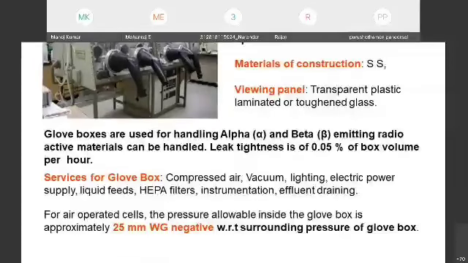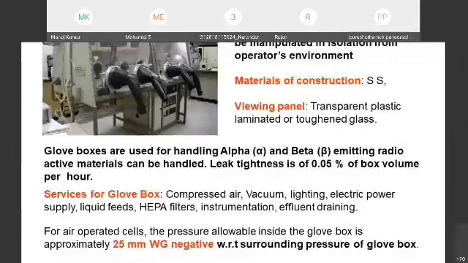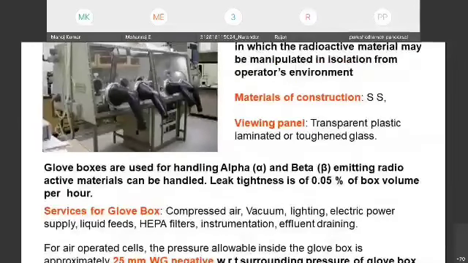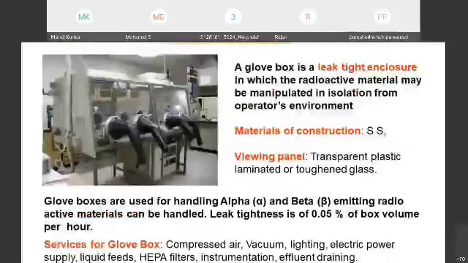Generally for these glove boxes, the pressure will be approximately minus 25 mm negative with respect to surroundings for negative pressure glove boxes. So this is the next higher level. Normal small level radioactive material will be handled in fume hoods. Next higher level will be handled in these glove boxes.